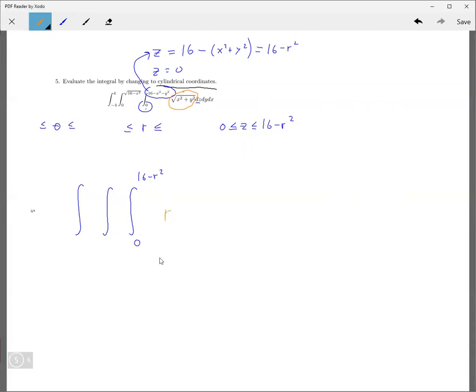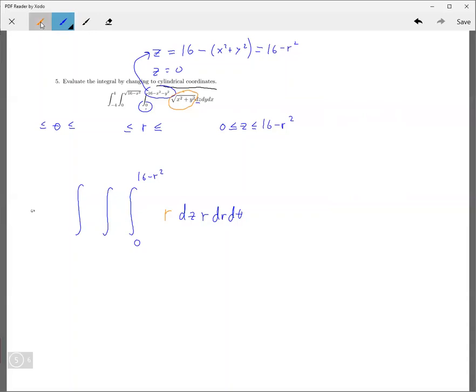Yes, that's just r, so that r is going to go right here. And then of course you're going to have dz r dr d theta. Now we're just going to figure out what r and theta are.